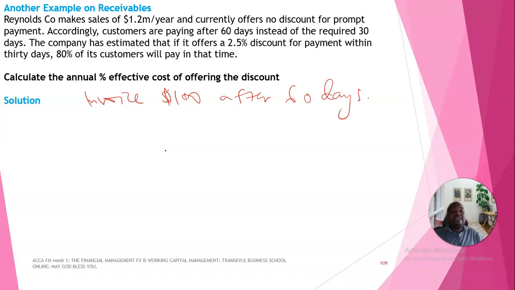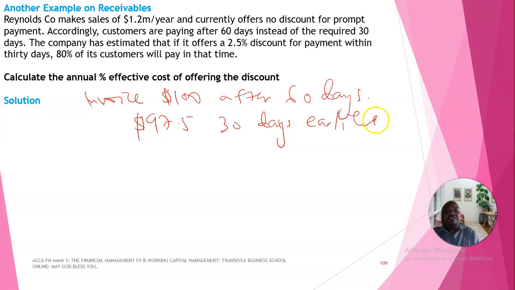They are going to get the cash 30 days earlier. So they are going to get $97.50 30 days earlier. That's the benefit they are going to get.